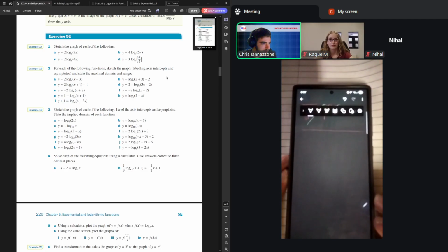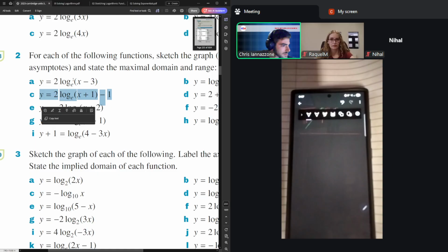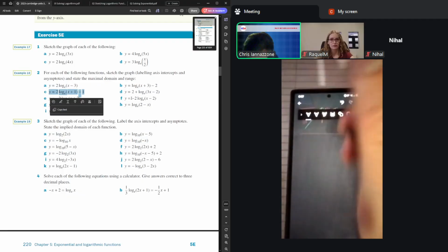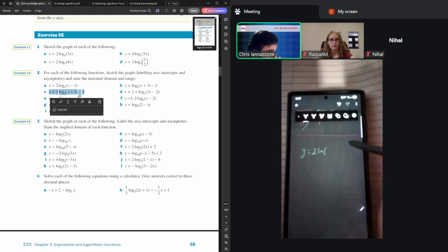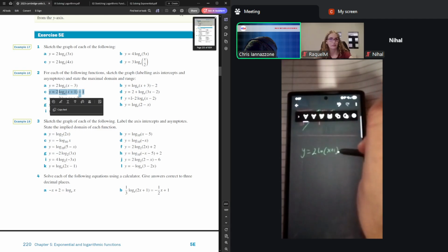Okay, let's do something like this. I'll start copying down, and I can work from there. y equals 2 natural log (x plus 1) minus 1.